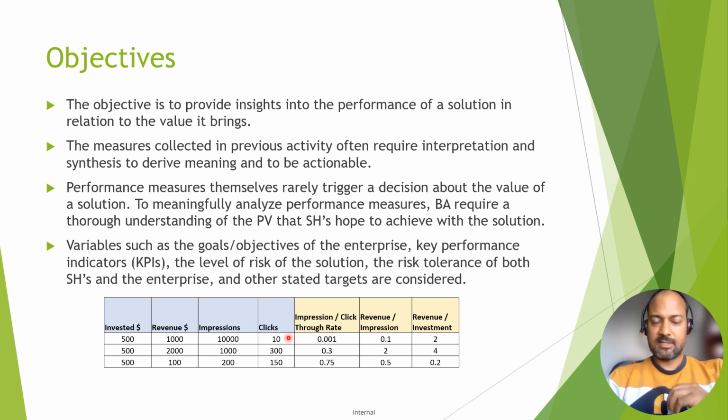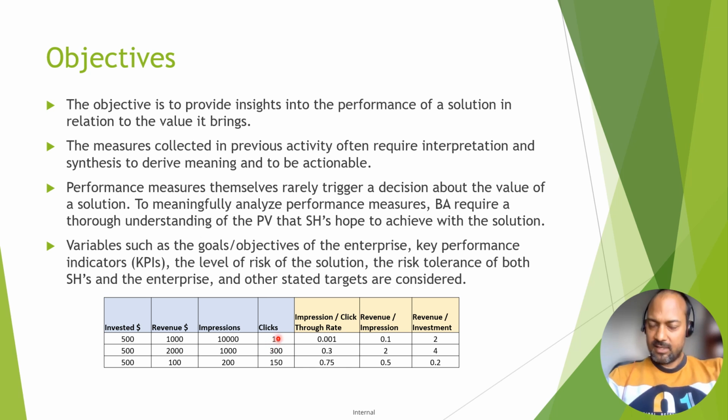But users have clicked only 10 times. This means either your website or your product that Google has shown on the search pages was not attractive at all, or the content was not good, which is not appealing to the end users or buyers. So that's why you get very few clicks.